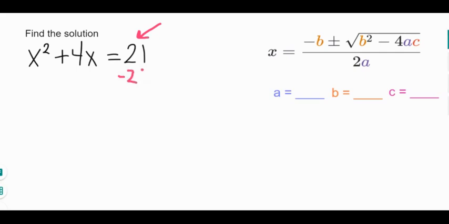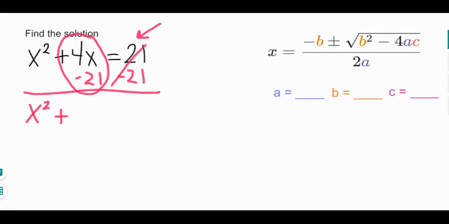We need to subtract 21 from each side. So that gives me x squared plus, now notice that these two are not like terms, so we do not combine them. We just write them as they are, 4x minus 21, and then equals 0.